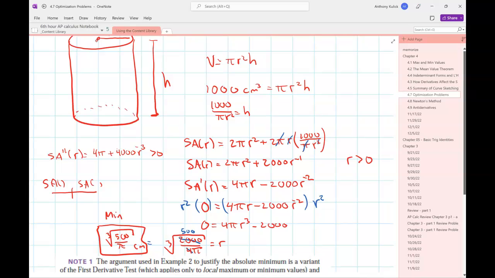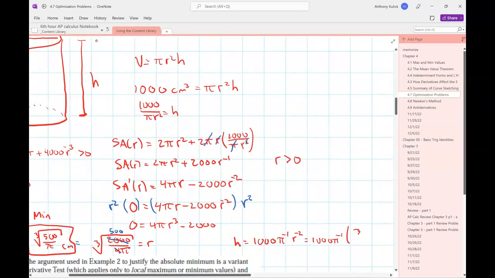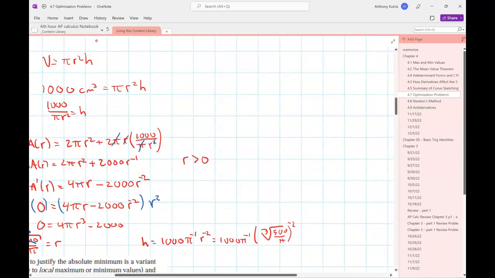H. Very good. How do I find H? So we'll just plug in our value for R. Let's do some no calculator simplifying.